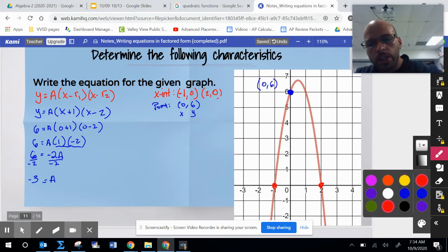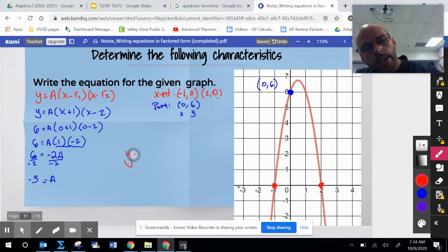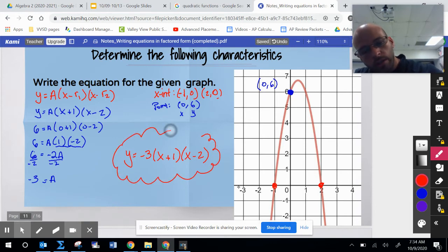So my equation is going to be y equals -3 times x minus my first x-intercept, so it'll be +1, because remember it was a -1, and then I have x minus 2. This would be the equation for my quadratic. Okay?